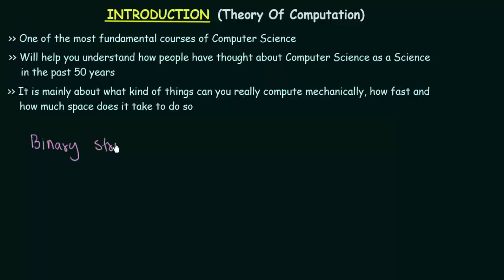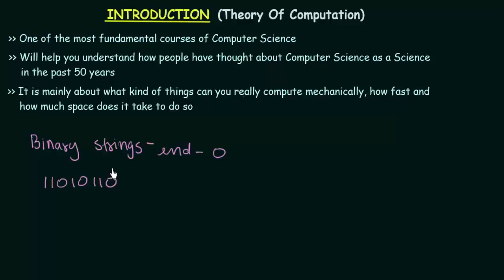My machine should accept all binary strings that end in 0 and should reject all other strings that do not end in 0. Let me take an example string here, let's say 110101110.